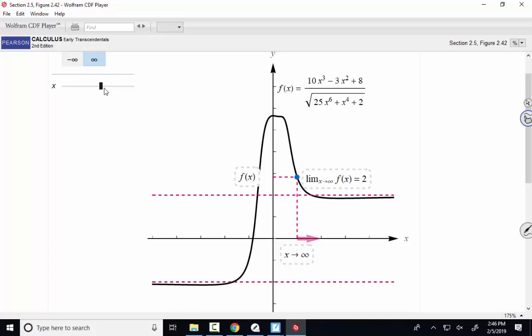As x approaches positive infinity, the function levels off, approaching 2. But as we approach negative infinity, the function approaches negative 2. So you actually have two different horizontal asymptotes, one at infinity and the other at negative infinity.